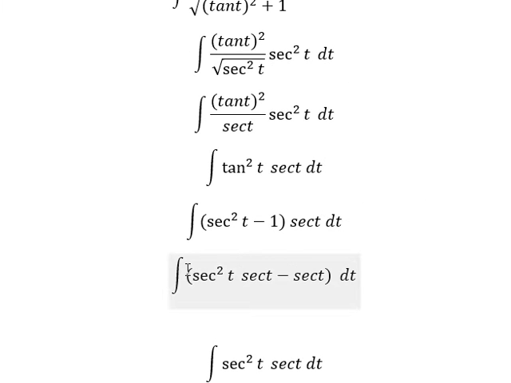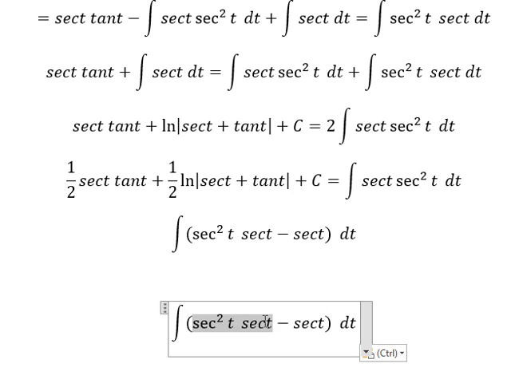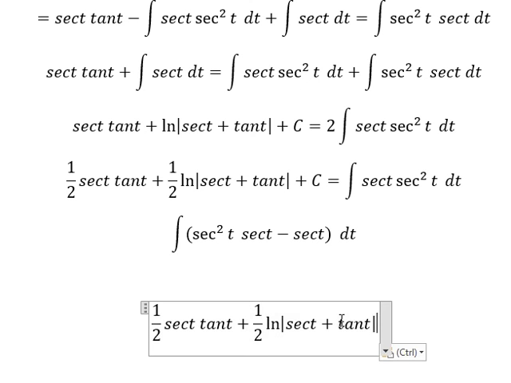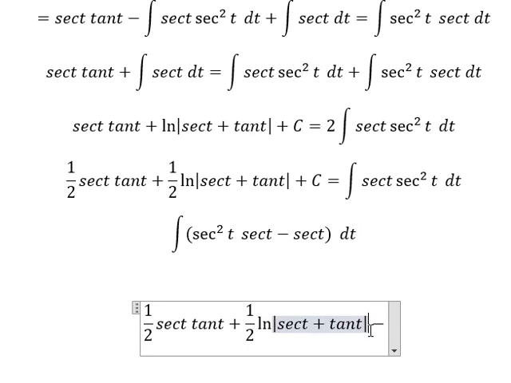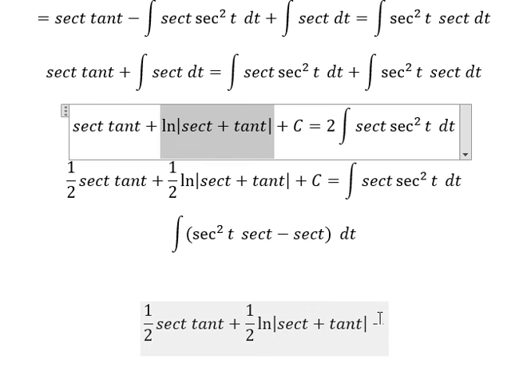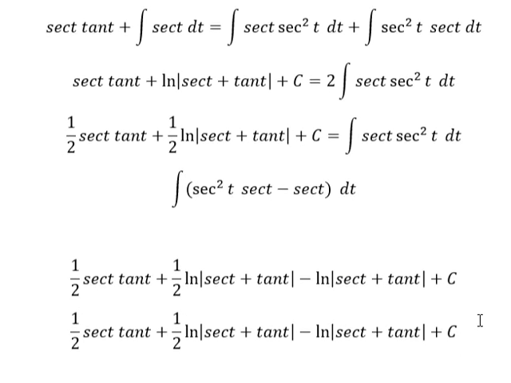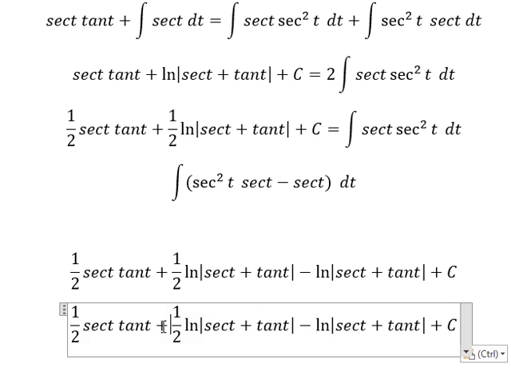Now we go back in here. The integration of this one, that is about this one. The integration of this one, that is about this one. So 1 over 2 minus number 1, we have negative 1 over 2.